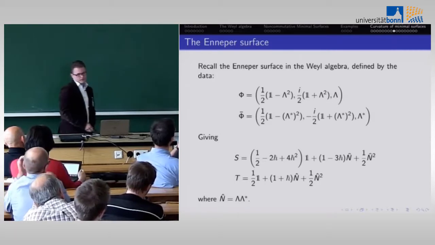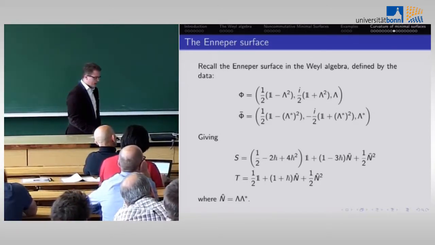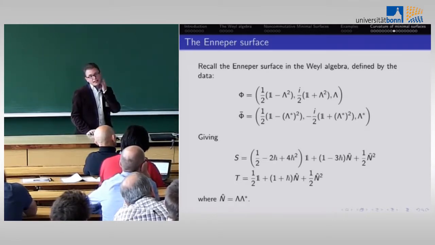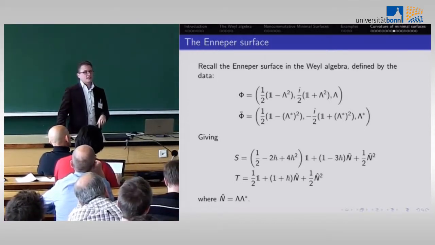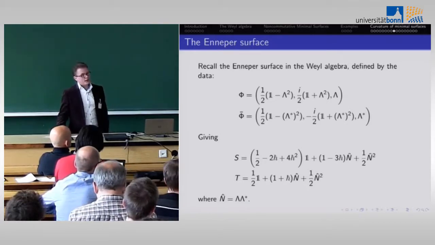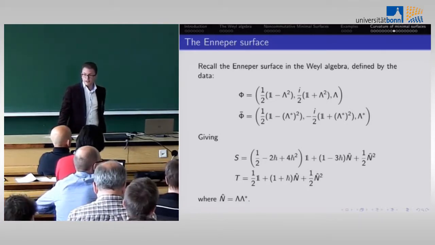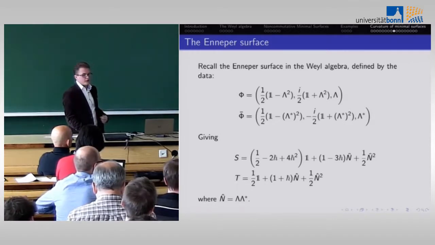Now n hat is lambda star lambda. If you represent the Weyl algebra in the standard Fock representation, lambda is like the lowering operator, lambda star is like the raising operator, right? A and A dagger. So A dagger A, that combination is an invertible diagonal operator. And these combinations are generically, for values of h bar, also invertible operators.